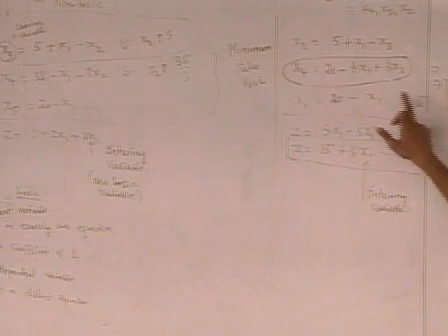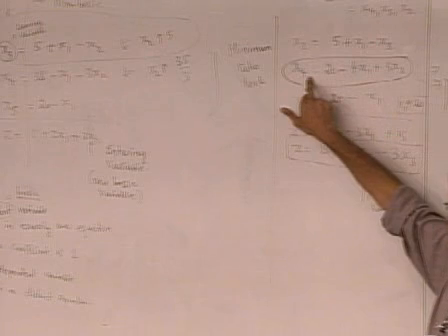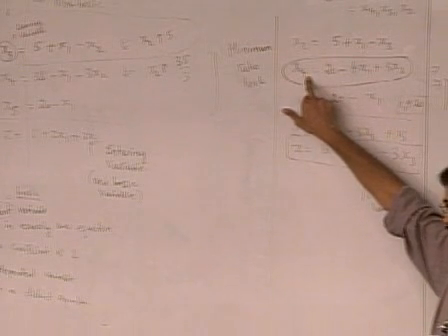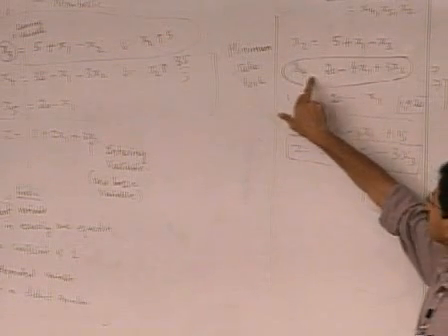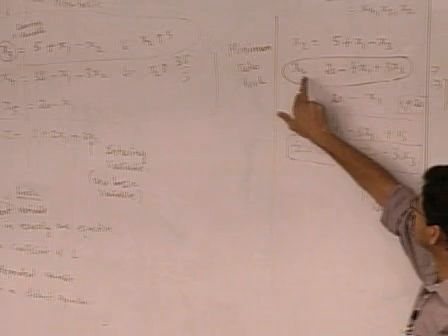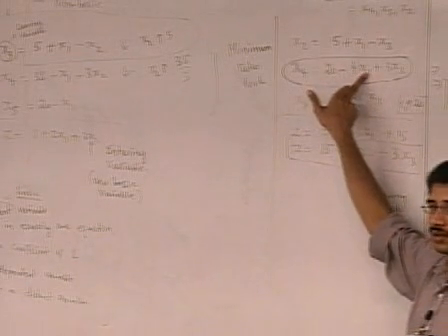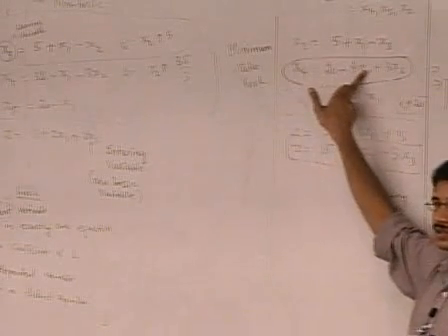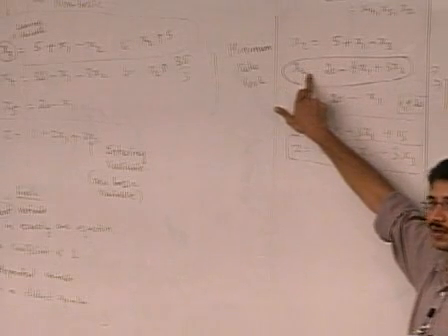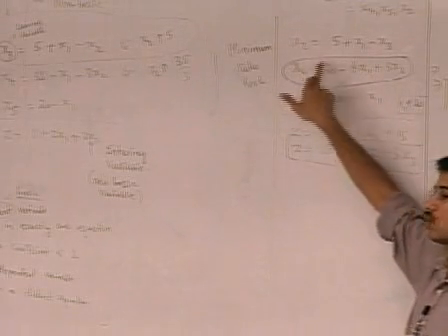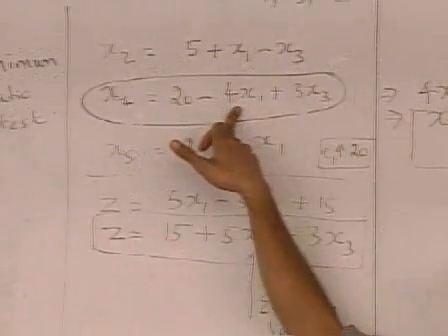The reason for using this equation is because it is this equation that loses a basic variable and gains a basic variable. Now the basic variable instead of x4 is going to be x1. So when you make this change, you still have exactly one basic variable corresponding to this equation, and it will be expressed in terms of the new non-basic variables. So this is the right place to start.